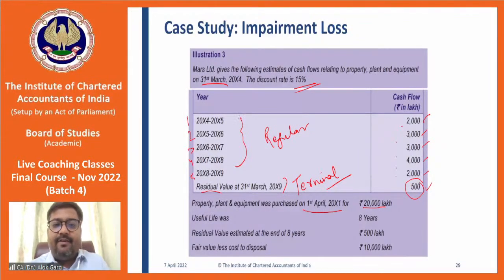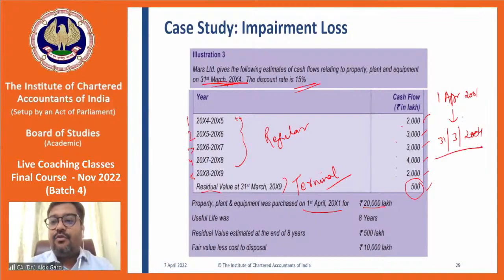So 5 years of useful life is there after 31st March 2004, as 3 years have already elapsed. So now 5 years are left for which information is given.